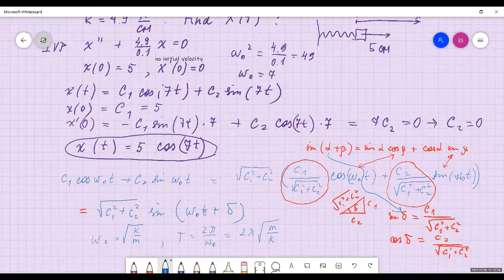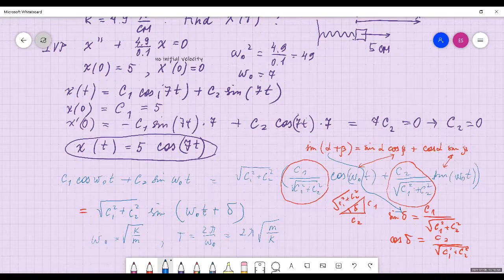Okay, well, that's basically all about undamped motion.